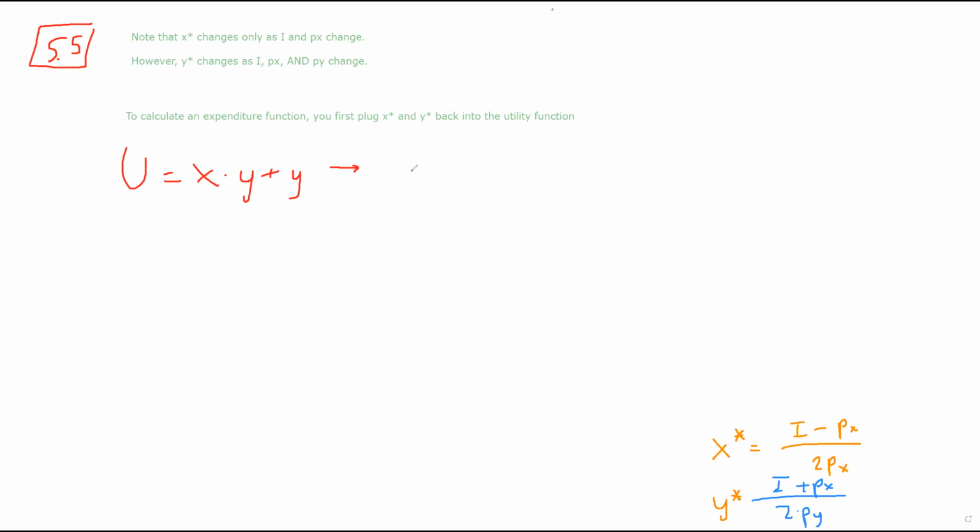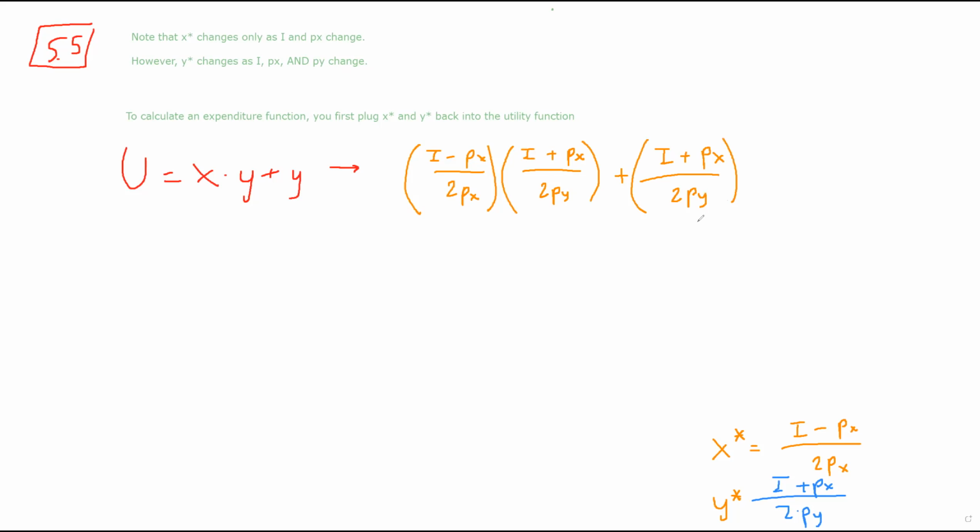So this is going to give me (I minus px) over 2px times (I plus px) over 2py. And then I have plus y, so plus another (I plus px) over 2py.